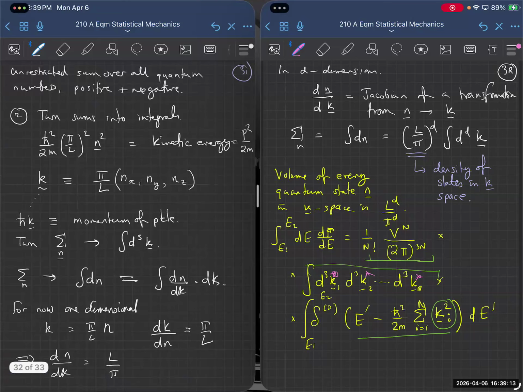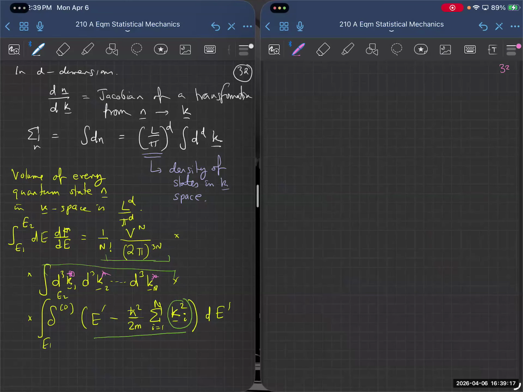Okay, so now let's do this. Let's have a look then at the thing that is inside here. So this thing I'm going to write like this.